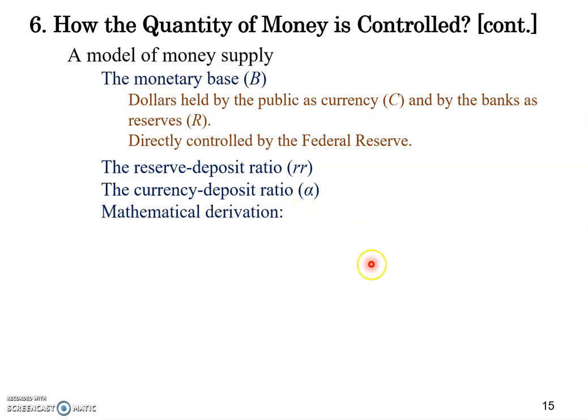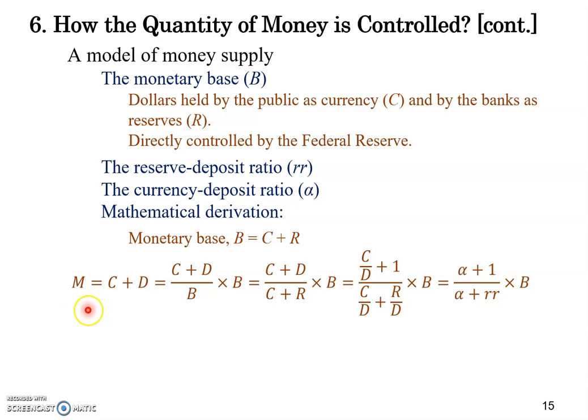The mathematical derivation here: let's start with the monetary base. B equals C plus R, currency plus reserves in banks. And then we have the money supply, which is defined as the sum of currency and deposit. So here, what we do is a mathematical trick.